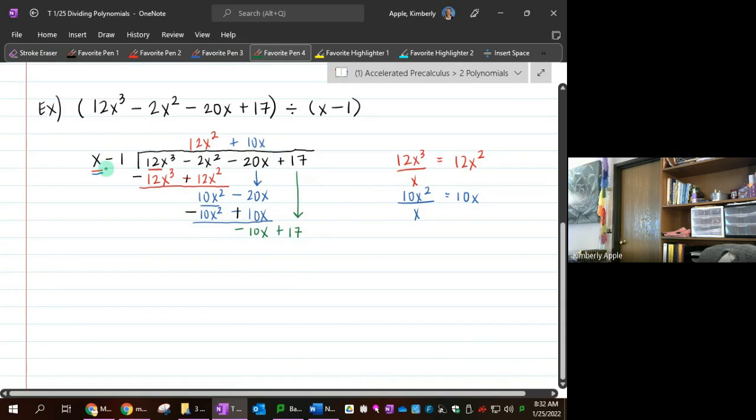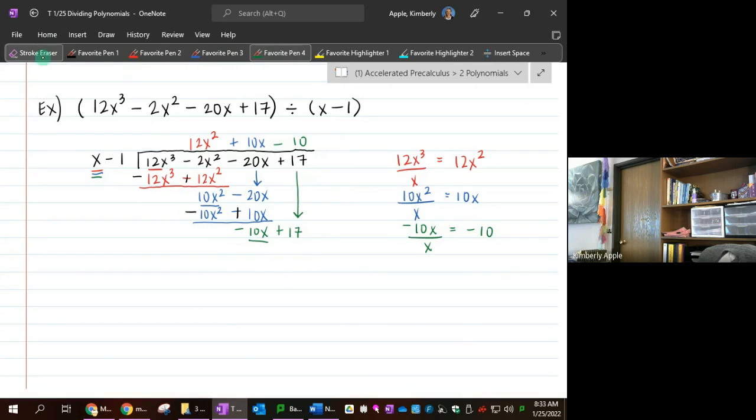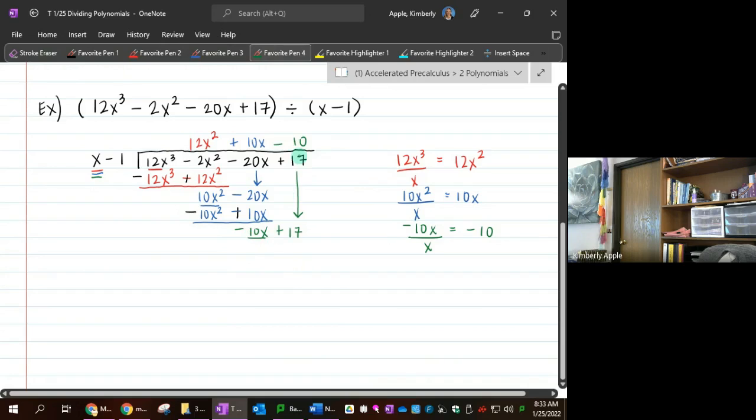So we will again divide the first thing into the first thing. My scratch work is negative 10x divided by x, so that's going to be negative 10 this time. So that goes here. And then I'm going to multiply it out again. Negative 10 times x is negative 10x.